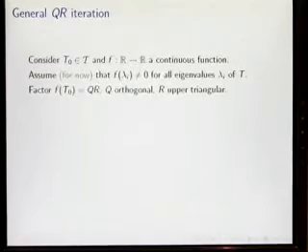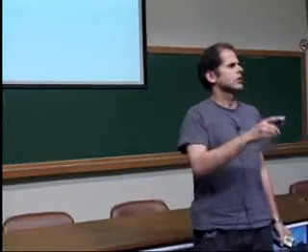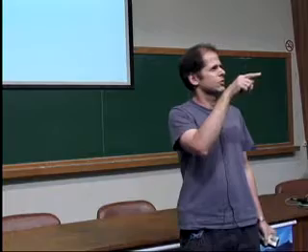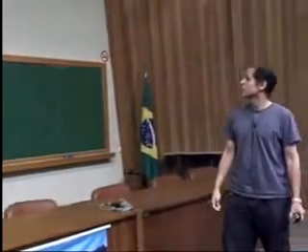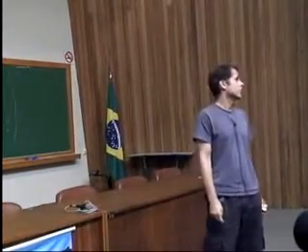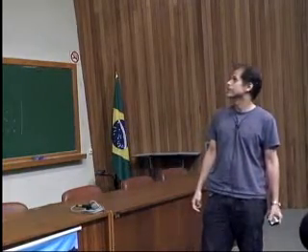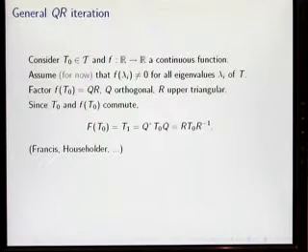Then you take f of T0. Now f of T0 here, of course, means a function of a matrix: you diagonalize your matrix and apply f to the diagonal. So you compute f of T0, factor it as a product QR, Q orthogonal and R upper triangular, and you conjugate your matrix T0 by either Q or R.